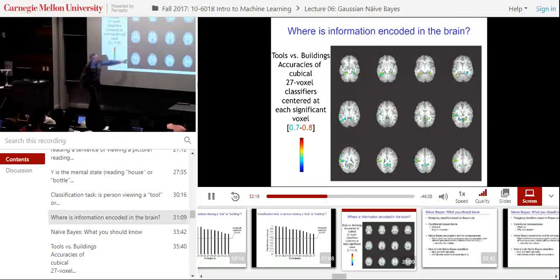And what you see plotted here is the accuracy at distinguishing, in this case, buildings versus tools. And you can see there are distinct regions in the brain where you get high accuracy by looking just at the neural activity in that region to distinguish whether you're reading a word about tools or a word about buildings. It's even more interesting, but I shouldn't go into the details.